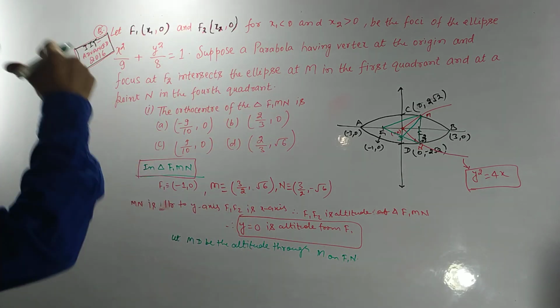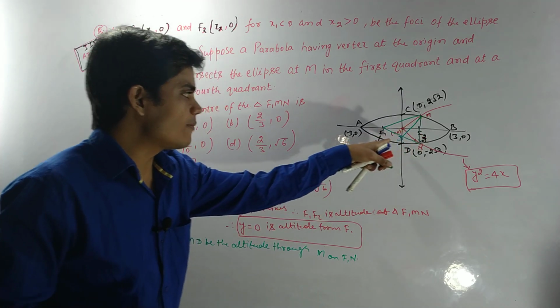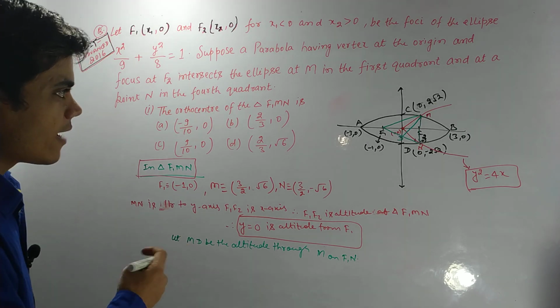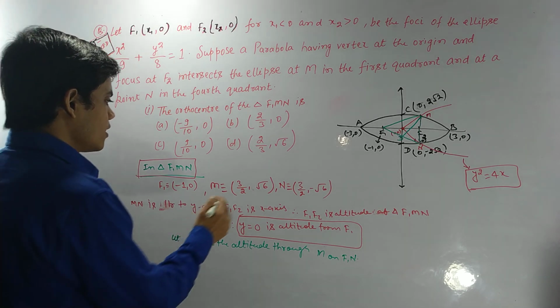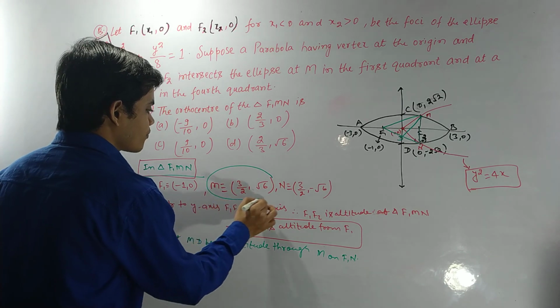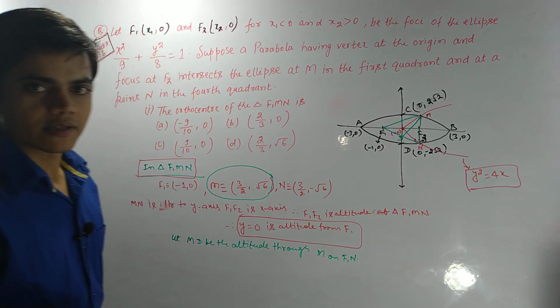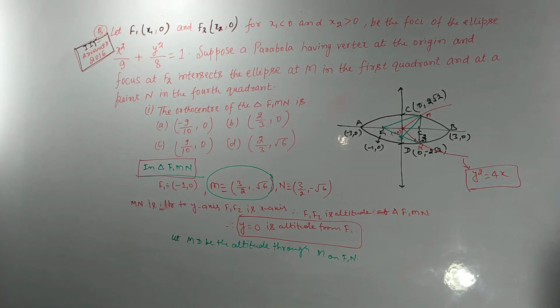If we get the equation of MD, then we are almost done. You know the coordinates of M, and if you know the slope of MD, then by using the point slope form you can easily get the equation of MD.